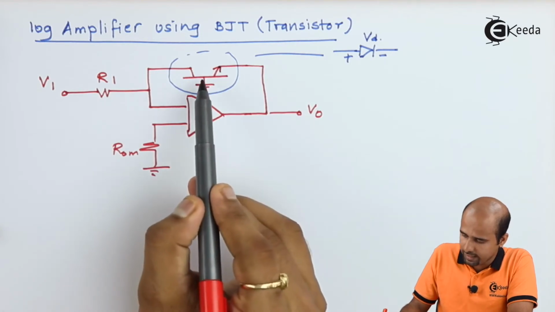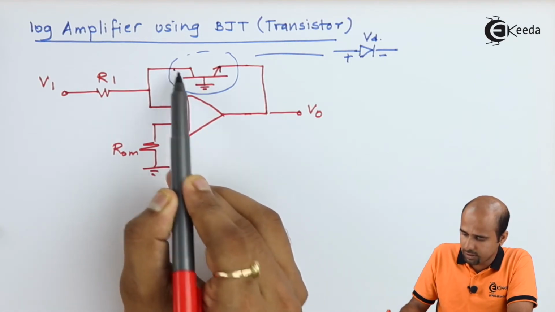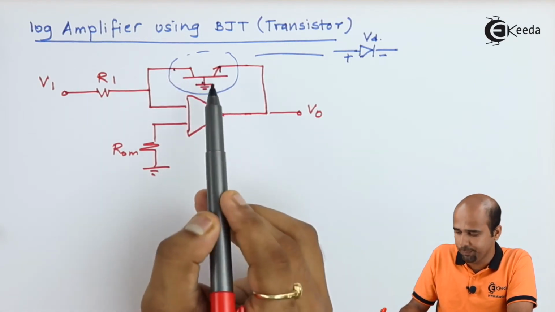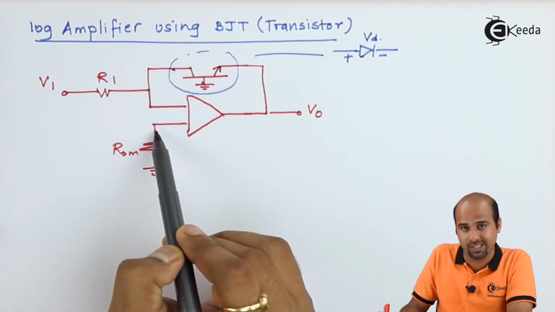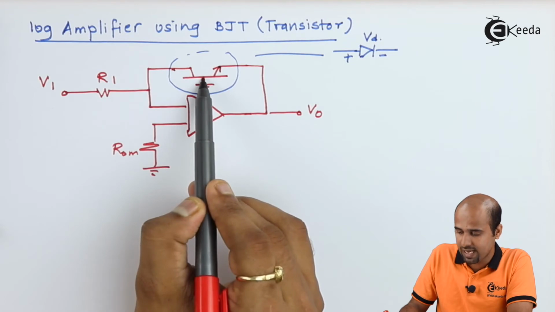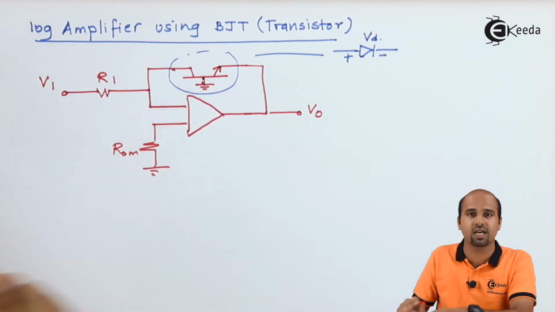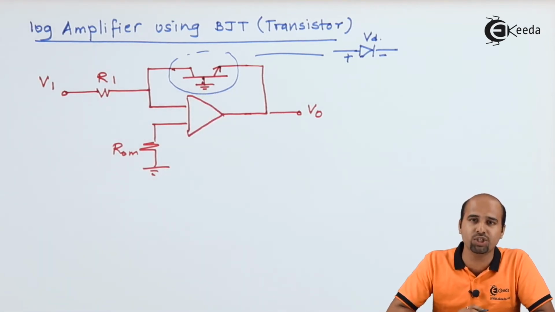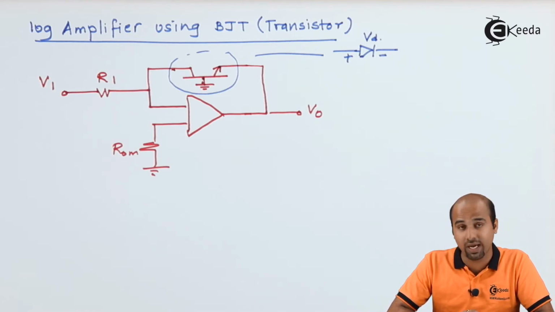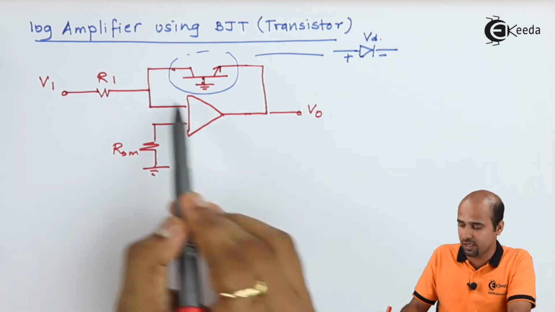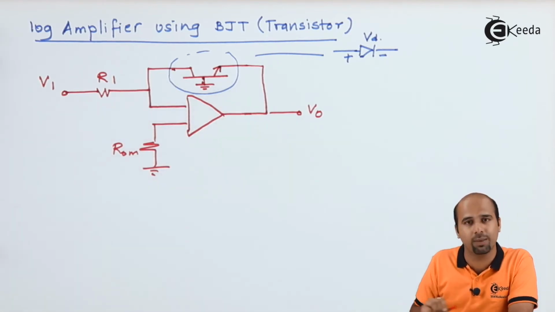Now if you look at this terminal and this terminal carefully, the collector is grounded by using the virtual ground concept, and the base as well is grounded. That means collector and base are already shorted. So this three terminal transistor is getting converted into a two terminal diode, and that is why we are using this kind of circuitry to get a log amplifier.